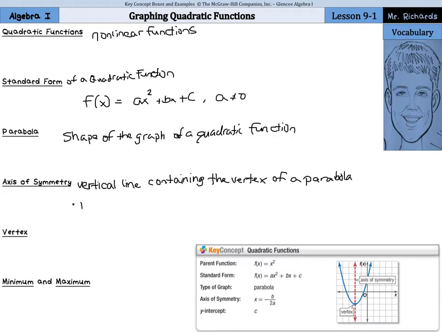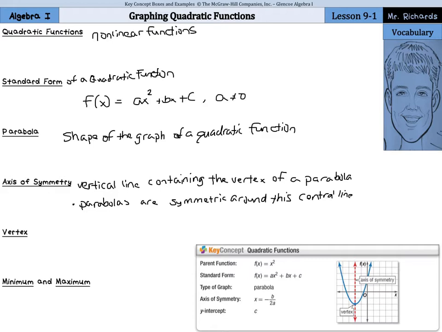And it's good to know that parabolas are symmetric around this central line. If you look at the key concept box, we have our axis of symmetry as this red dotted line. You can see how the parabola is symmetric around this, which will help us when it comes to graphing these things. And it does contain the vertex of the parabola, which leads us into the definition of vertex.